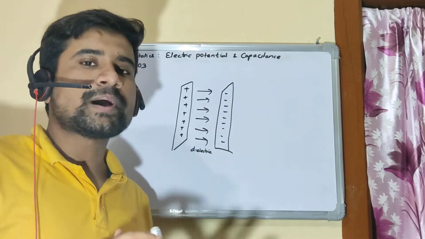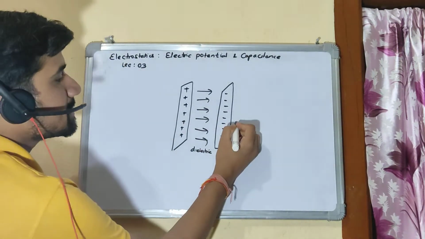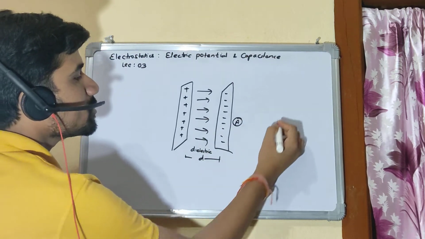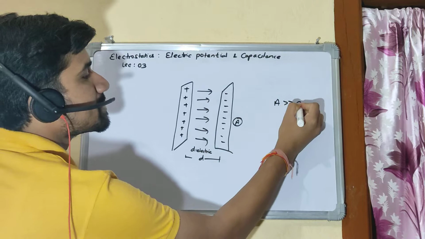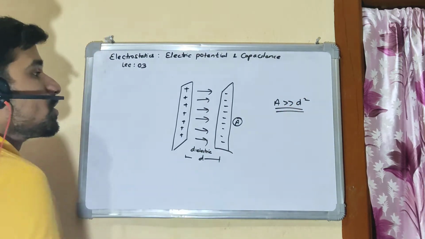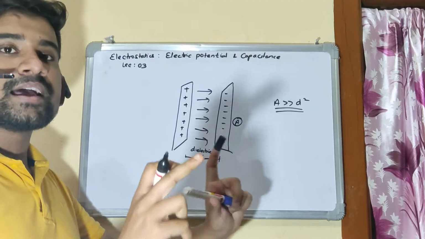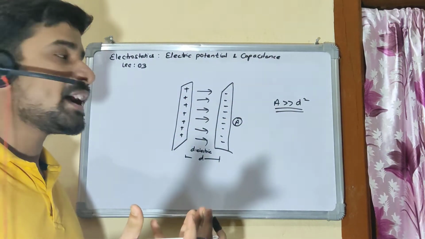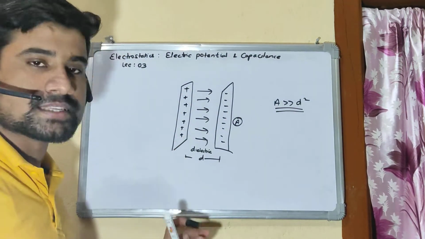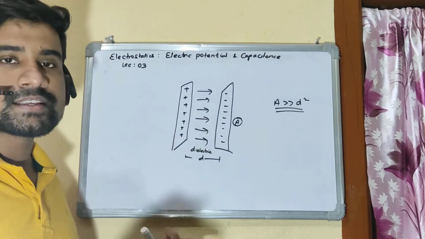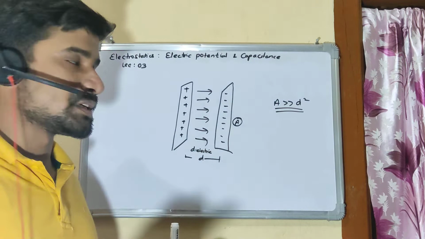But what we assume ideally is the area, let's say the area of one plate is A and the distance between the plates is d. So we assume this area is very much greater than the distance squared. We assume that these plates are infinitely long in area, like the cross section is very large when compared to the distance, and hence we can assume these fields as uniform electric fields.